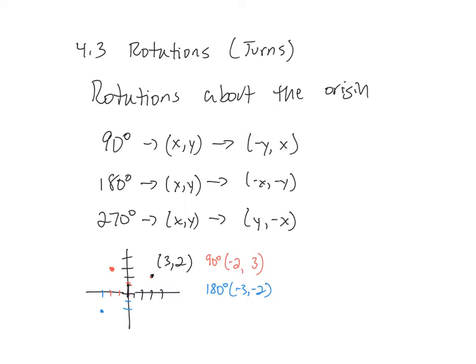Okay, and then for 270, again we switch the 2 and the x number, so the 3 becomes negative. So 2 to the right and down 3 for that one.